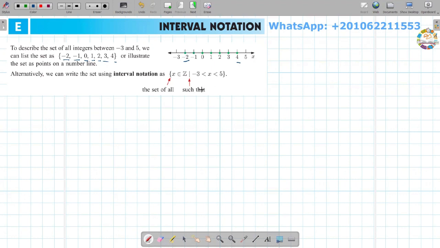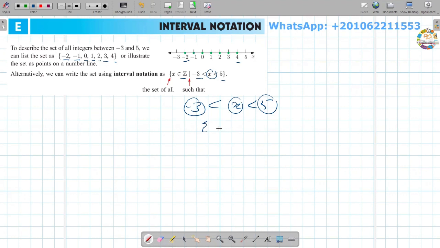This is interval notation: the set of all x belonging to the integer set such that the value for x is between -3 and 5. Notice that it says values for x between -3 and 5, so -3 doesn't belong to the interval, and 5 doesn't belong to the values for x.